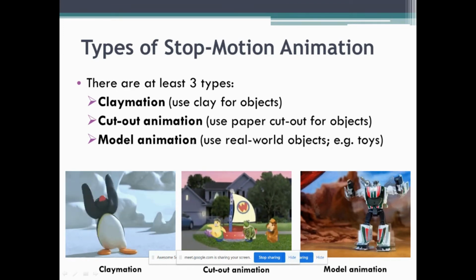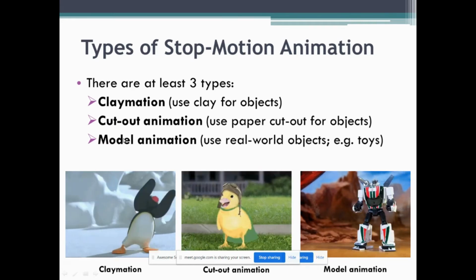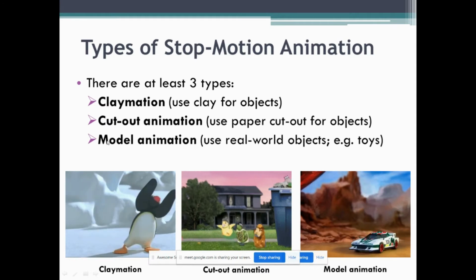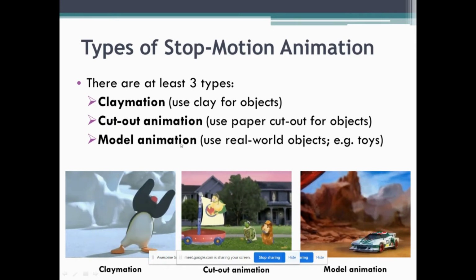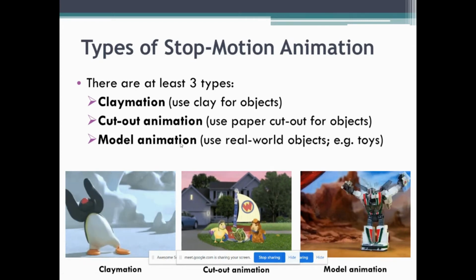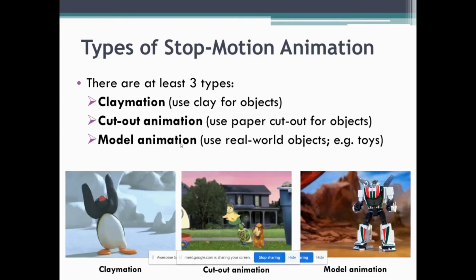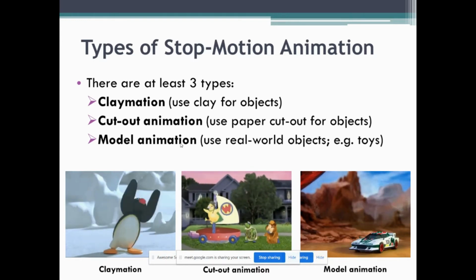Another one is model animation. I think all of you have tried this before. When I ask you to create a simple stop motion animation, you have used any objects that you can find around you lah. Macam saya cakap, saya guna stapler semua tu kan. That one is model lah, objek yang macam dah ada lah.